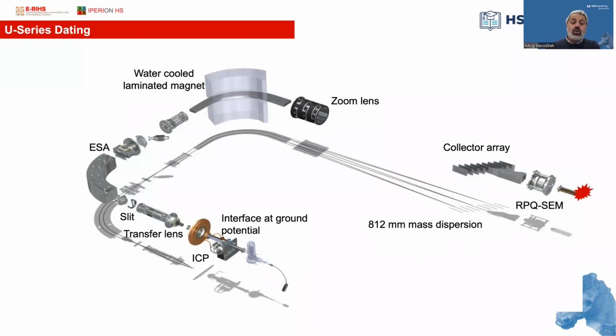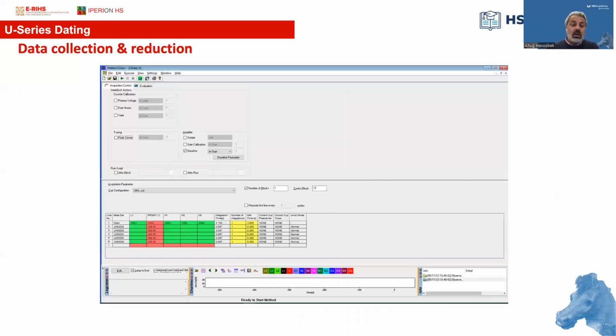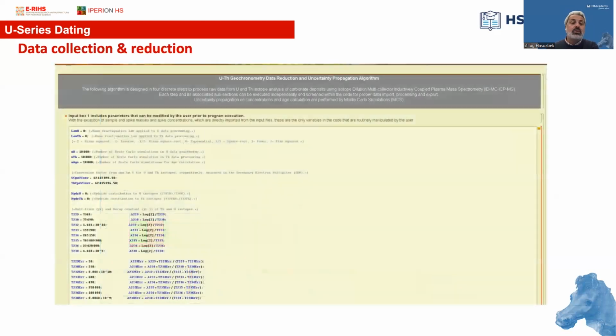When you have your solution, you use the plasma power to focus on your isotope range, and then you can detect your samples in your software. This is one example, and then you use the reduction script here. We are applying the Pourmand et al. technique by using Mathematica, and then we date.